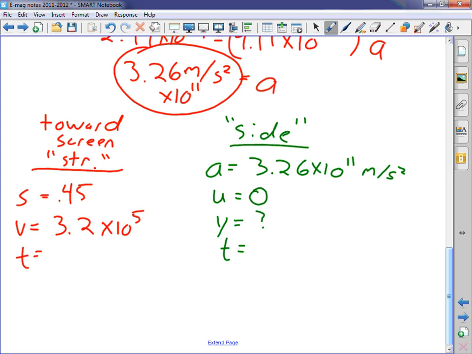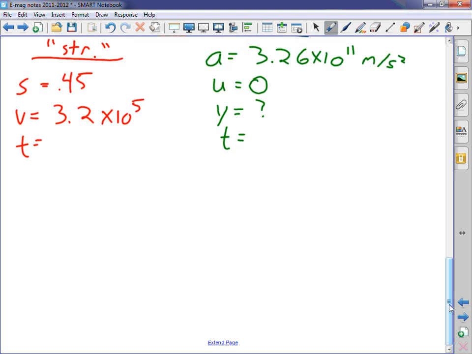This works just like a projectile motion problem. Let's find time from the straight axis, and plug that into the time for the side axis. Over here it's constant velocity. V equals S over T, right? So 3.2 times 10 to the fifth equals my S, 0.45, divided by the time.